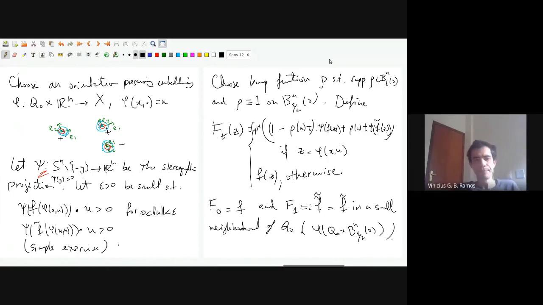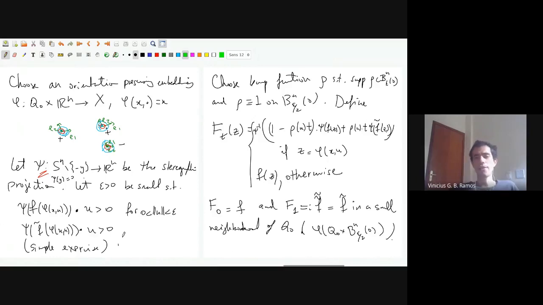Let me just say, to be honest, this more technical stuff right here is the place where you actually need the orientation. Look into this part right here. I think this is what you won't be able to do: when you try to do this homotopy without caring about orientations, you will not be able to have these both positive.